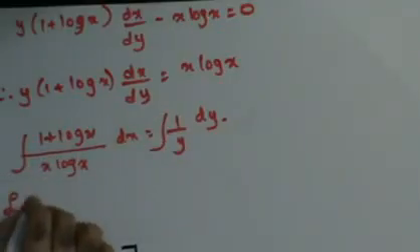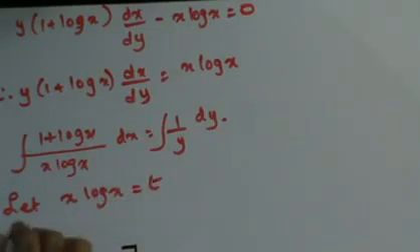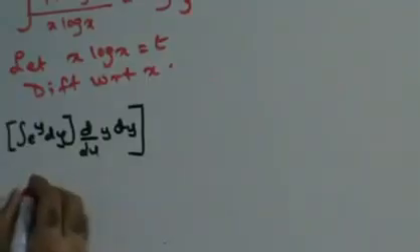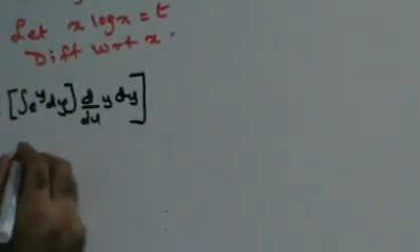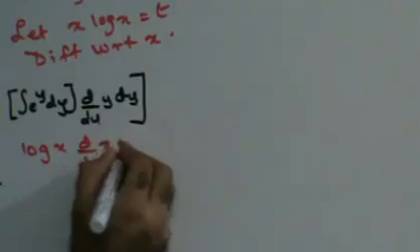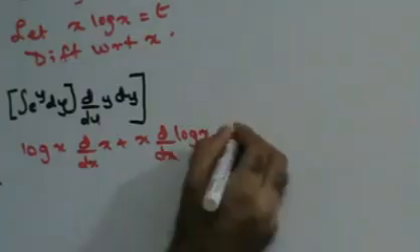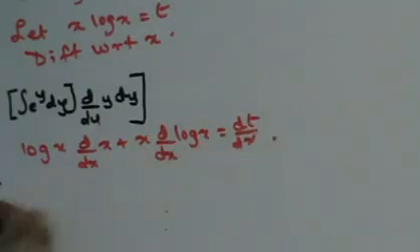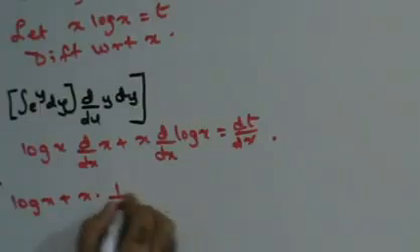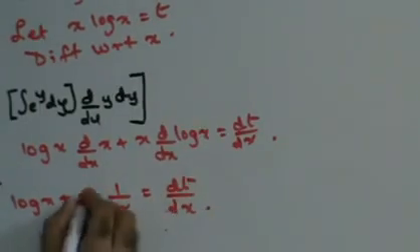You will say let x log x equal to t, differentiate with respect to x. I'll have to use the uv formula: v derivative of u plus u derivative of v is dt by dx. Therefore I'll get log x plus x into derivative of log x, which is 1 upon x, is dt by dx.